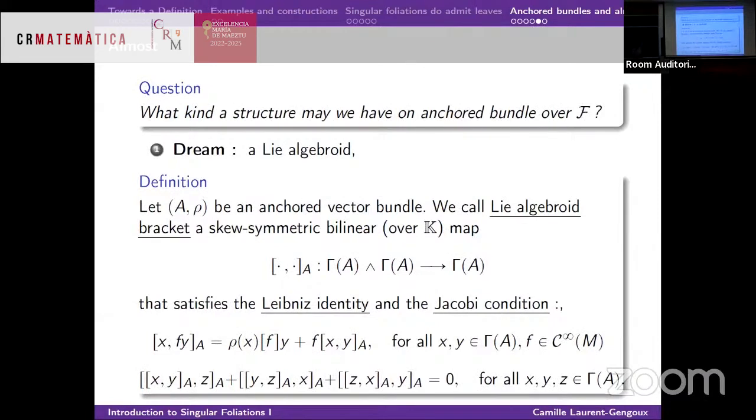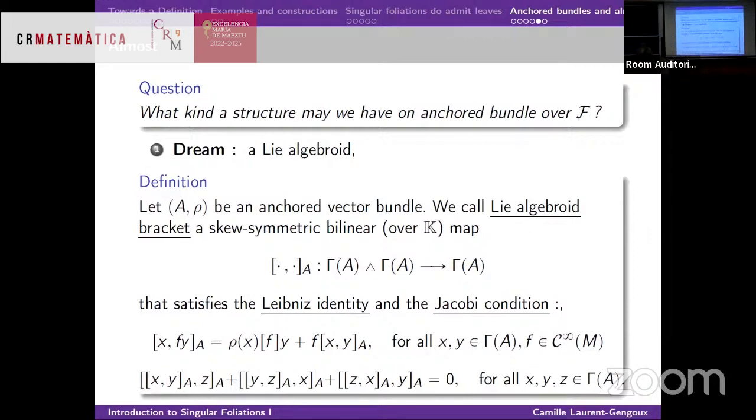All right. So now let's go back to the anchored bundle. What kind of structures does it have? What we would dream of is to get a Lie algebroid on the anchored bundle. We have the anchor.